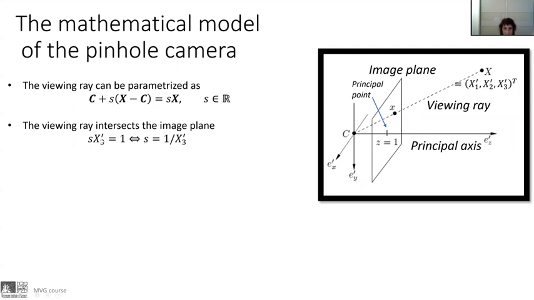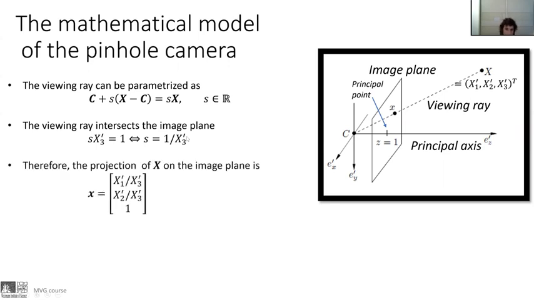So S times X3 prime, the third coordinate of X, should be equal to 1, and therefore S is equal to 1 over X3 prime. Therefore, the projection of X onto the image plane is exactly X1 prime divided by X3 prime, X2 prime divided by X3 prime, which is located on the plane Z equal to 1.